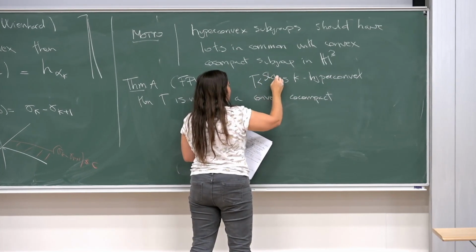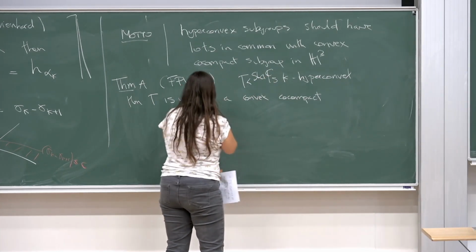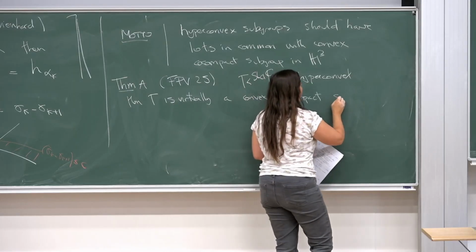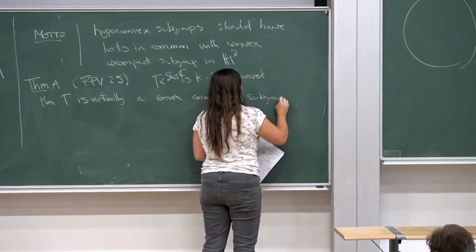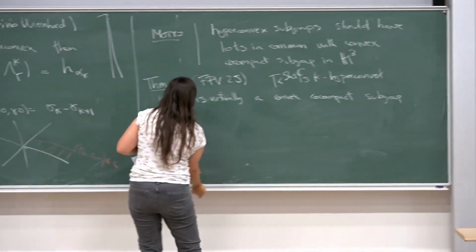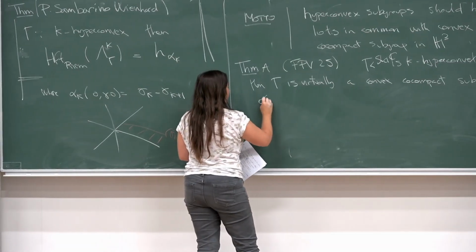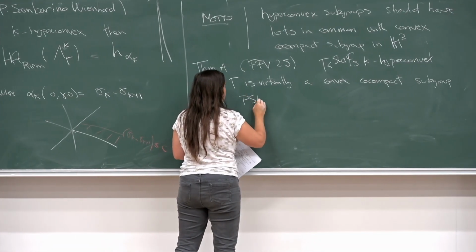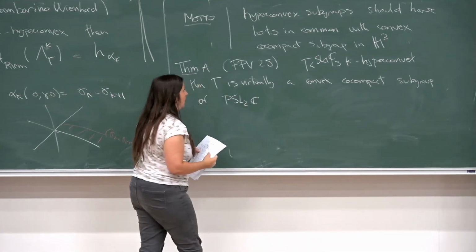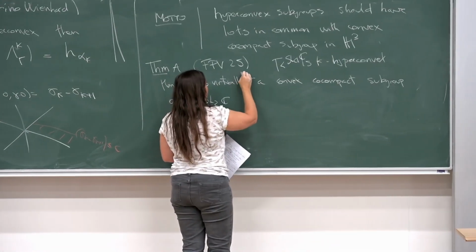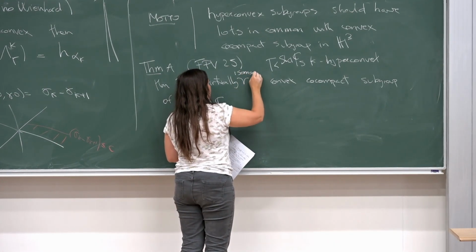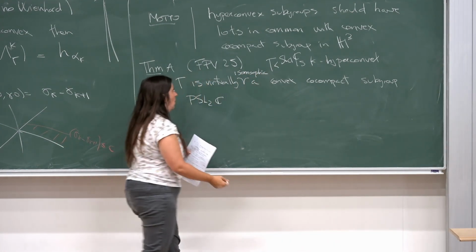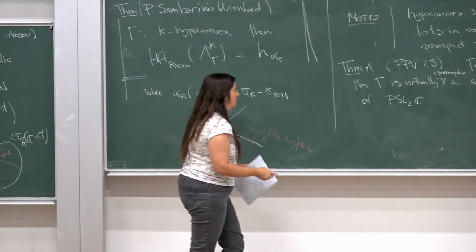So gamma is a subgroup of SL(d,C), then gamma is virtually a convex compact subgroup of the SL2C, and so it's virtually isomorphic to a convex compact subgroup of PSL2C.